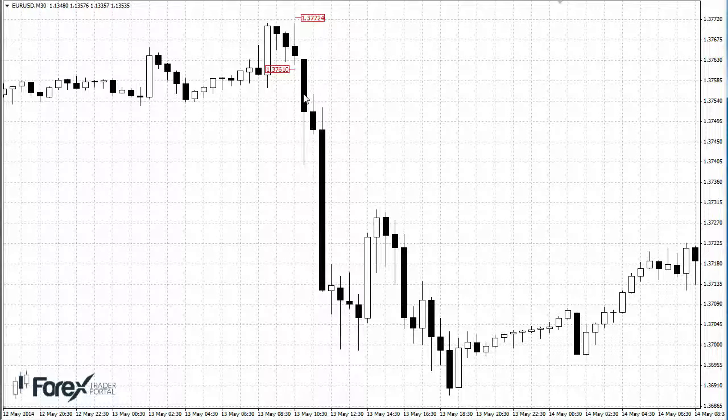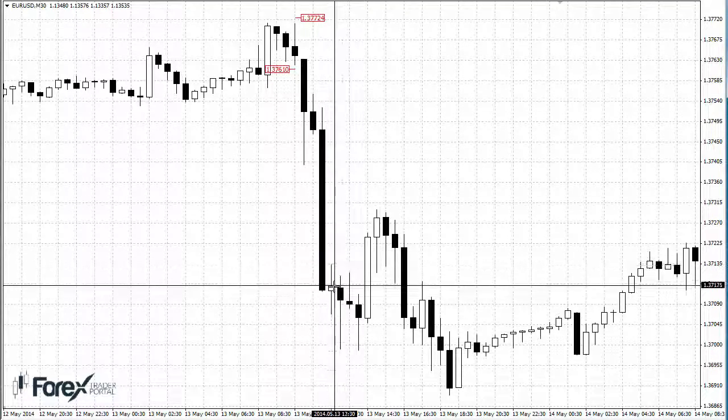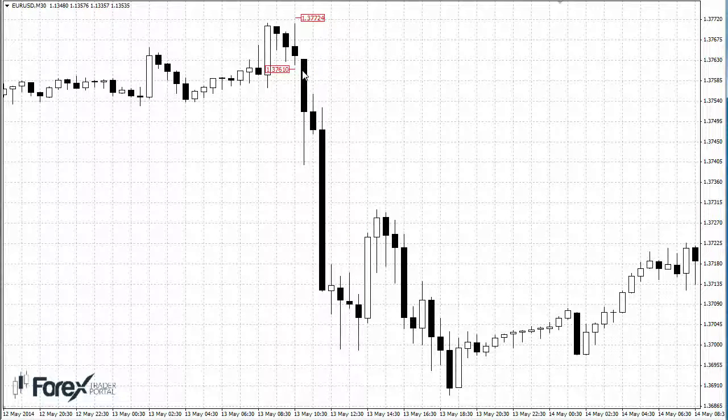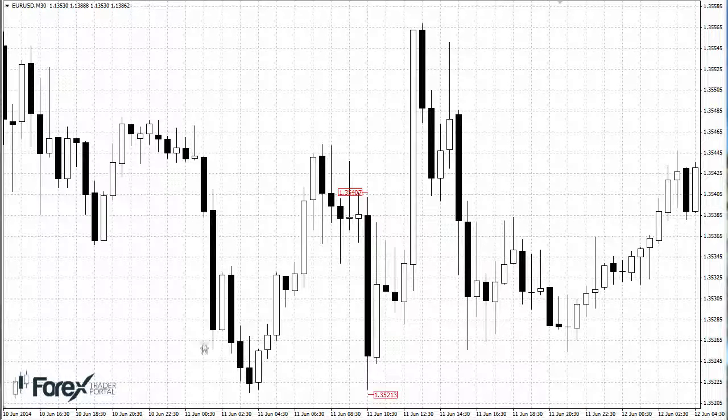Our sell stop order is triggered, and after 2.5 hours, after 5 half-hour candles, we close with a profit of about 50 points.